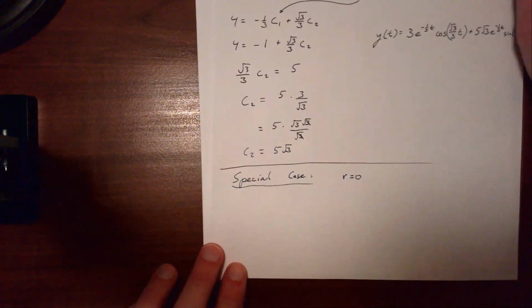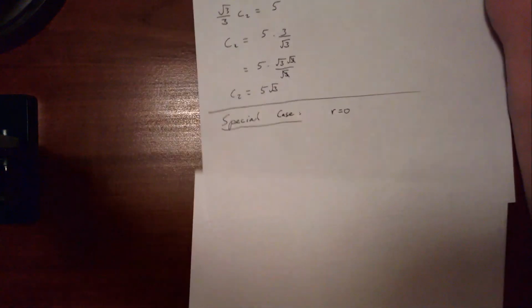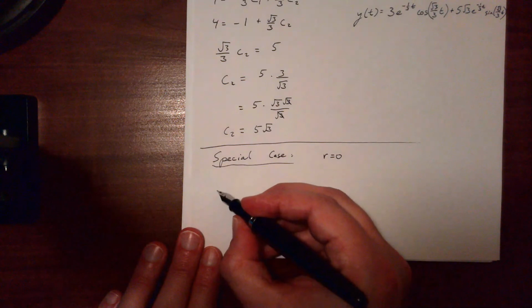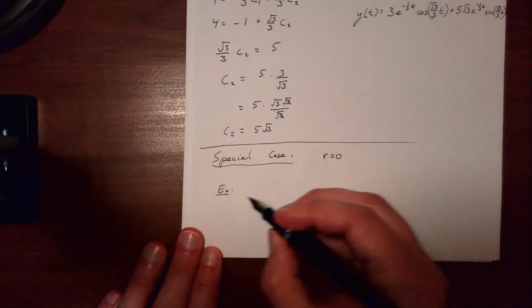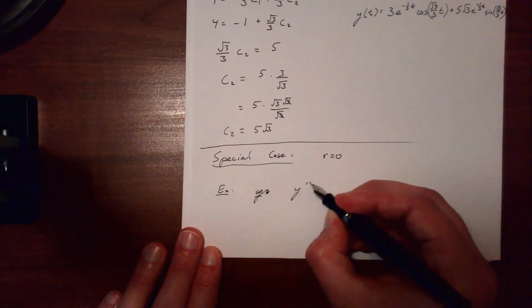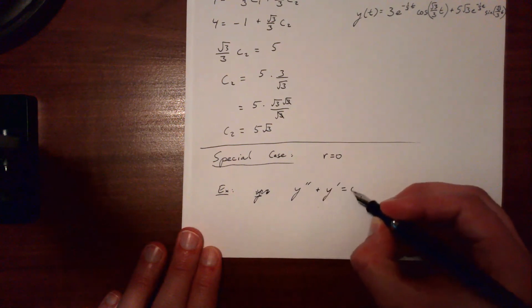So where we get situations like this will be in differential equations that have this form. So for example, y double prime plus y prime equals 0, something like that.